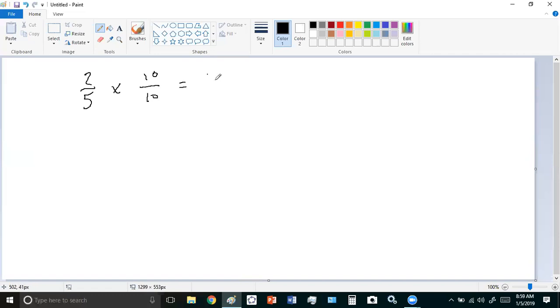And that becomes 20 over 5 times 1 over 10, which is the same as 4 times 1 over 10. In other words, 2/5 is 0.4, right? And that makes sense, because that's 4 over 10.